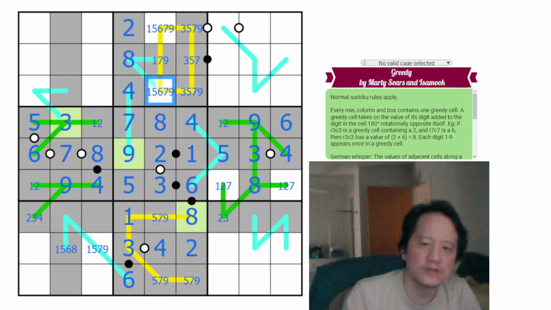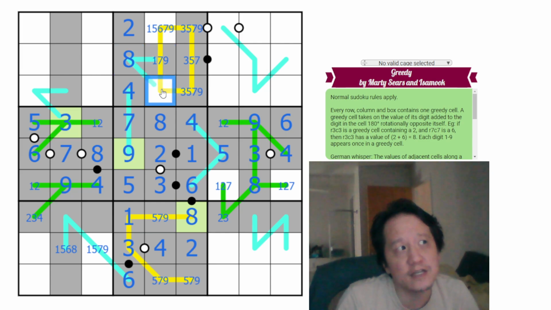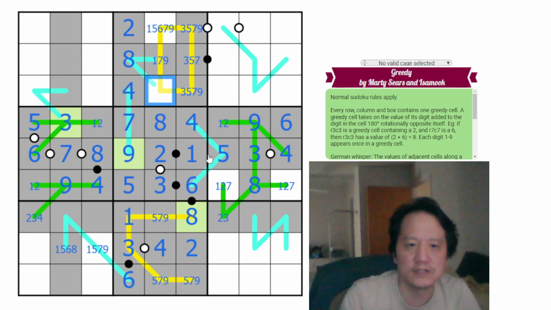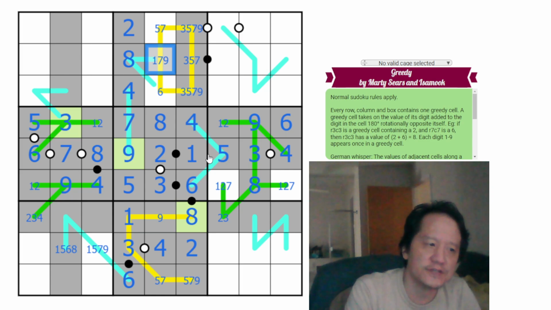Okay, so if this is 1, let's do the possibilities. If this is 1, this is 8, this has to be 15 in value. So this would be 6 and 9. So this would be 9. So this would be 5 or 7. It cannot be 5, because then this would have to be 11, which means that's 6 and 5, which doesn't work.